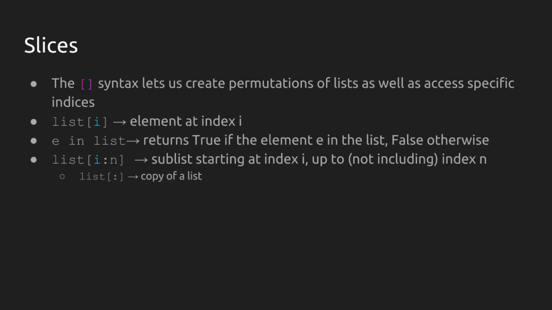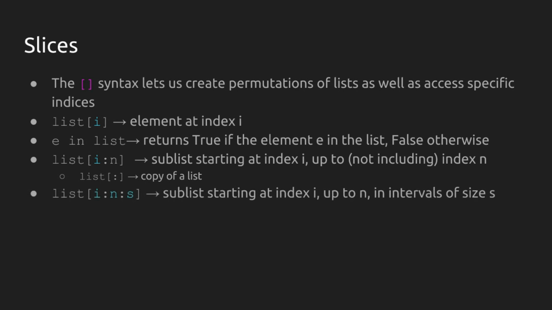I can also use this slicing syntax to create a copy of a list, which may be useful later. I would just leave both sides of that colon blank to create an exact copy of the list that is stored separately from the original.